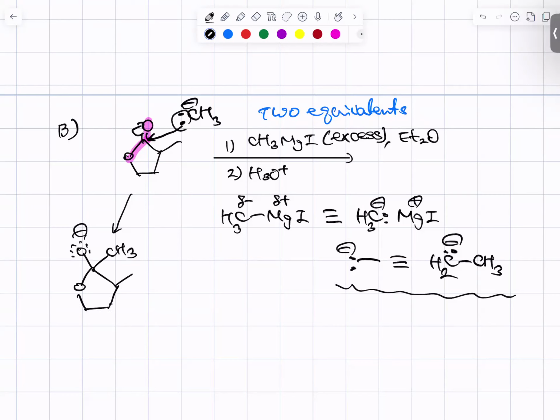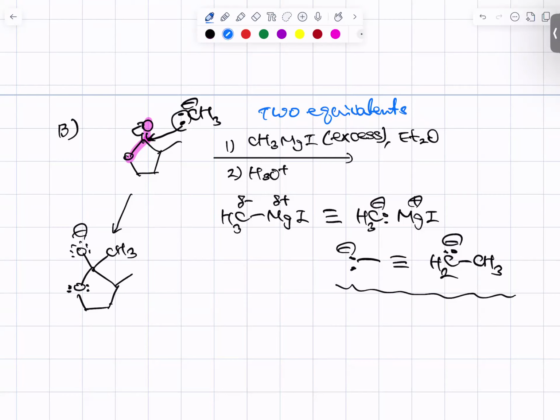Next one, we have this oxygen has a lone pair. When the substituent has a lone pair, the carbonyl is regenerated, and then this ring is dissociated. This one, okay, this is an equilibrium process.